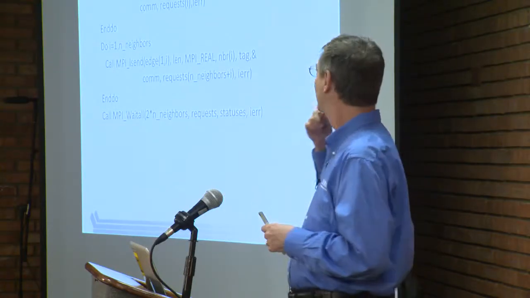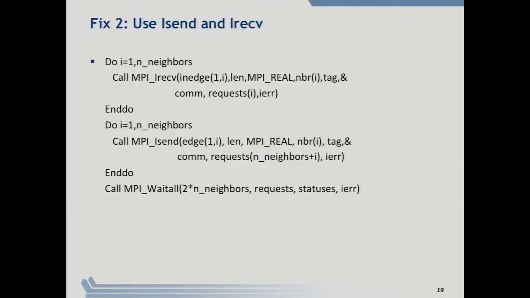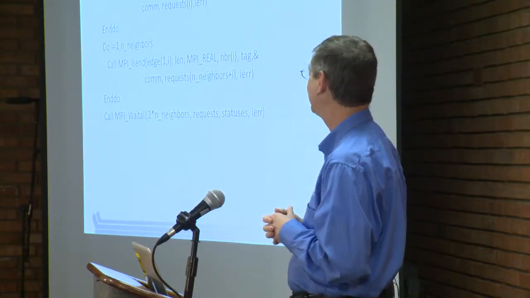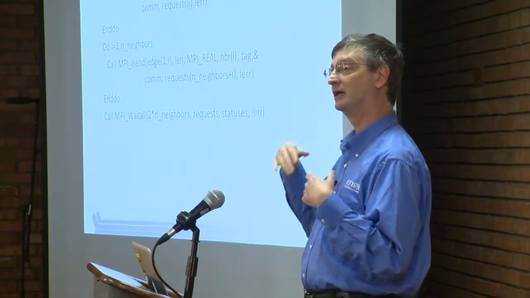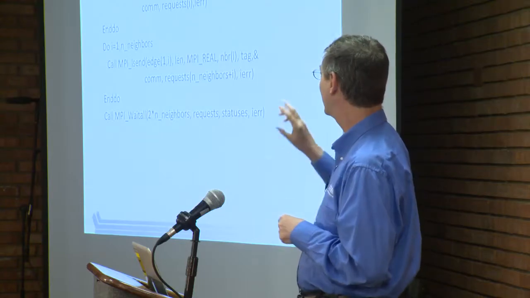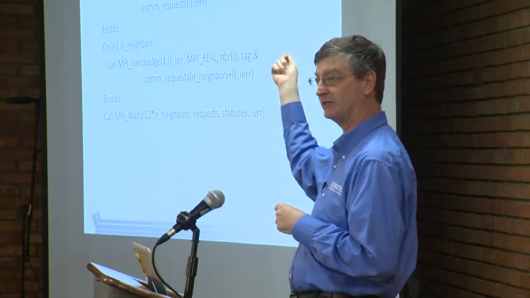Okay, so this was the best way to write the code at the time that this example was done. The reason for that was that let's think about what happens when you execute code like this. In fact, let me think about what happens if I execute the code with the send first.